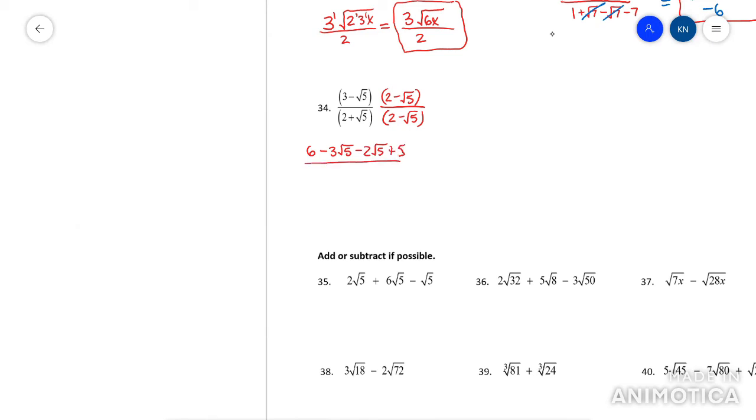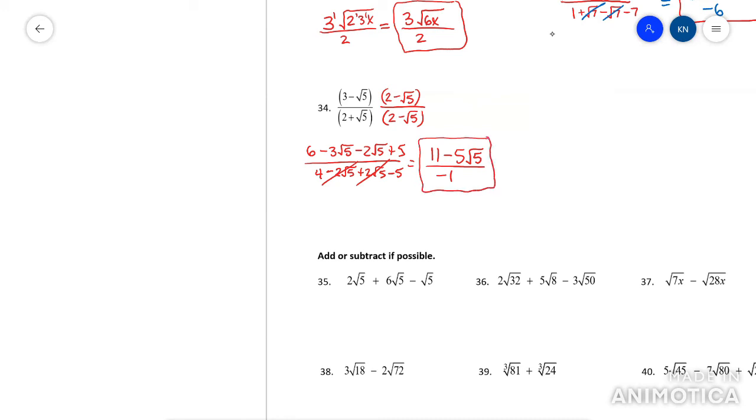And on bottom, you're going to have 4 minus 2 root 5 plus 2 root 5 minus 5. So that turns into 11 minus 5 root 5 over, these cancel, and it just leaves 4 minus 5, which is negative 1. So this would be my answer.